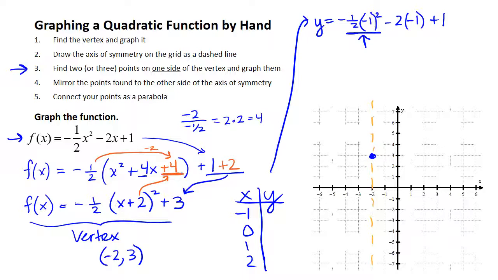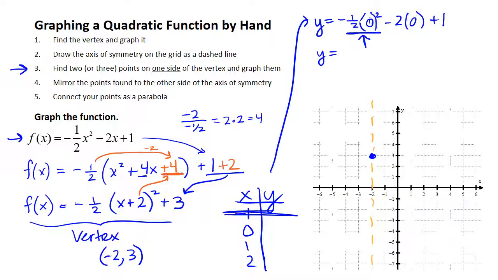So because I know that this -1, this odd number, is going to multiply by the 1/2 and give me a fraction, I'm going to skip that, and I'm going to go ahead and instead start with 0. So I'm going to go back, and instead of using the -1 here, I'm going to use a 0 to start. So I'm going to plug in a 0, and this calculation will be much nicer.